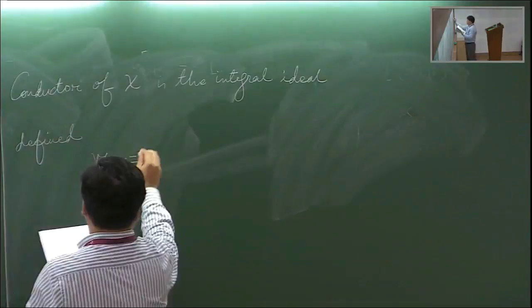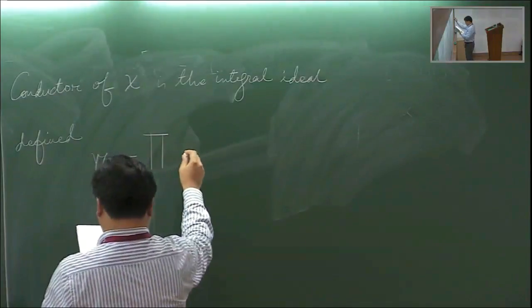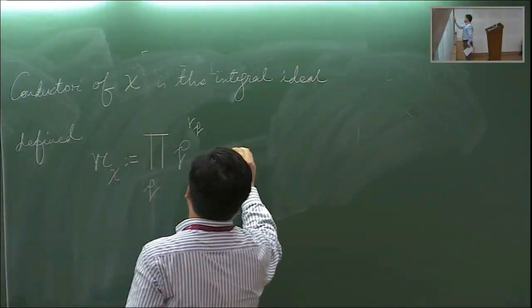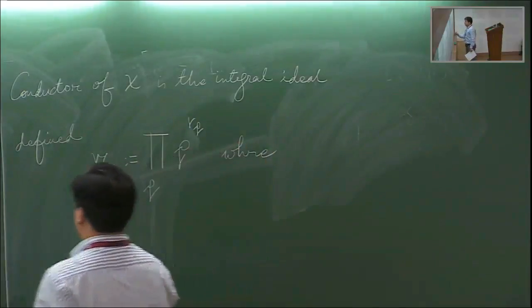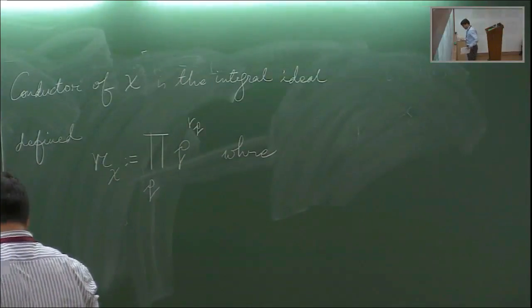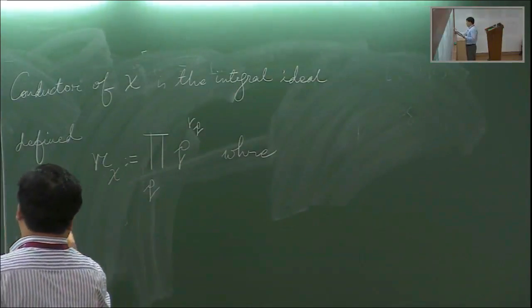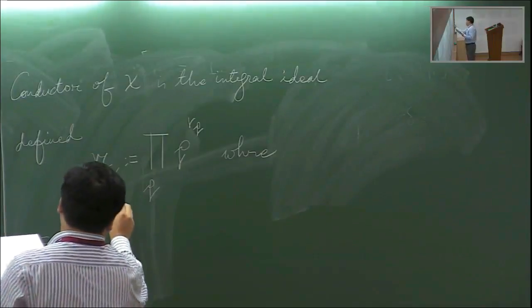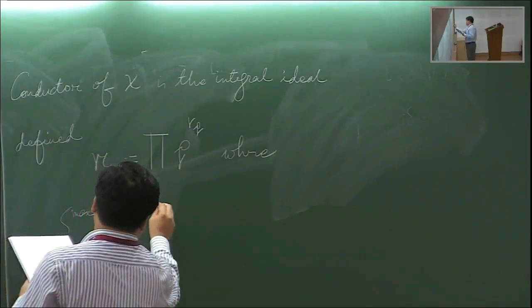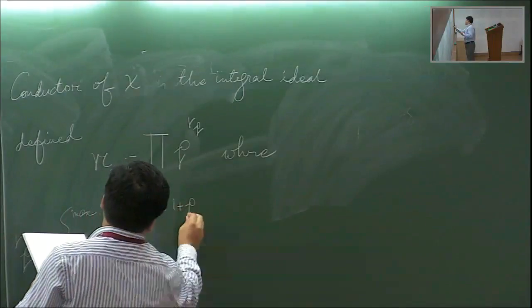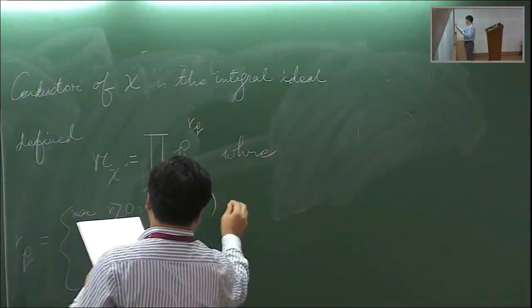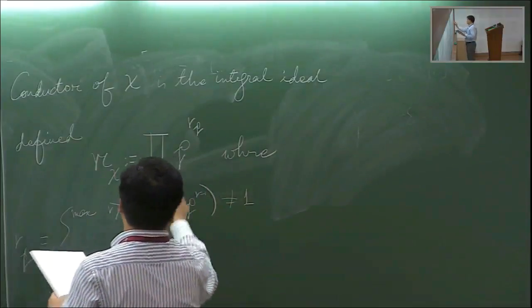This is defined to be the product of all the primes, p to the power rp, where rp is equal to the maximum r where chi of 1 plus p to the r is not equal to 1, otherwise we have to add a 1 here.